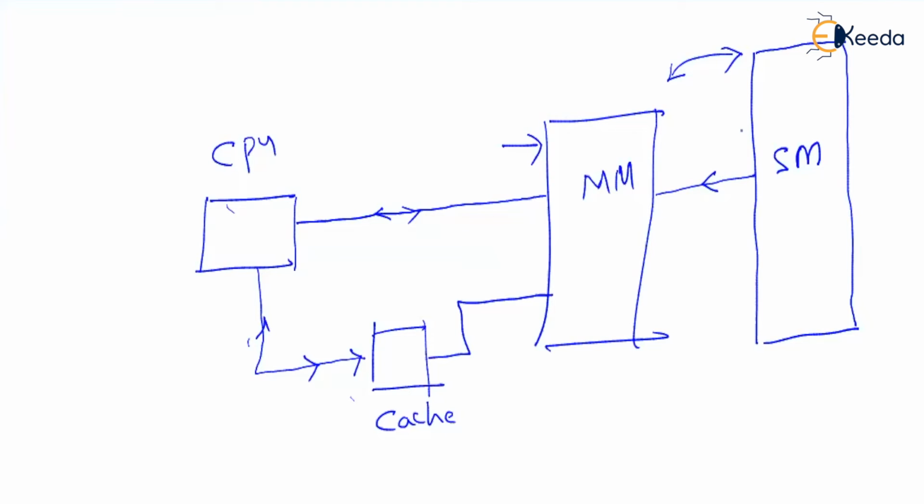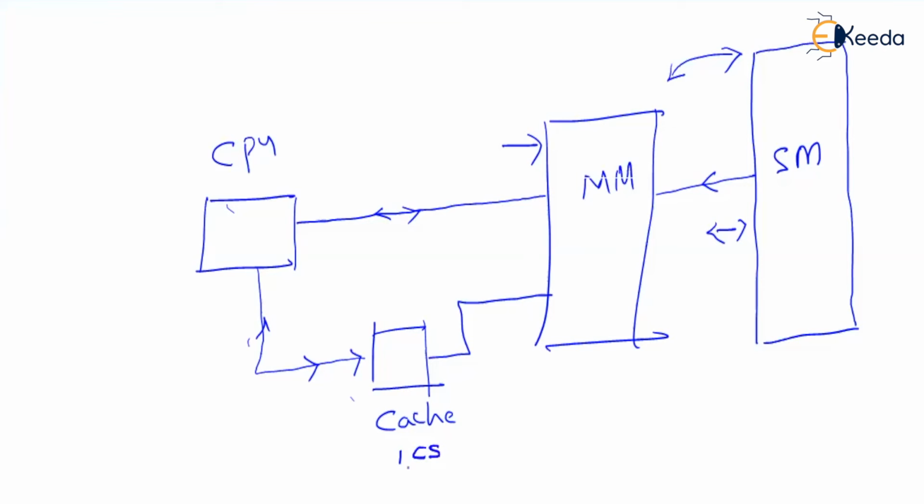Now, why can't CPU talk to the secondary memory directly? Let us see that. Let us consider that the cache memory will take 1 nanosecond, rather 1 clock cycle. Cache memory will take 1 clock cycle.